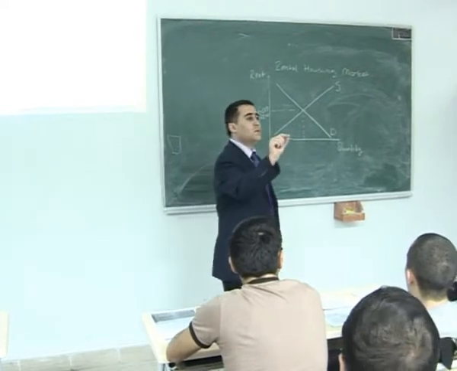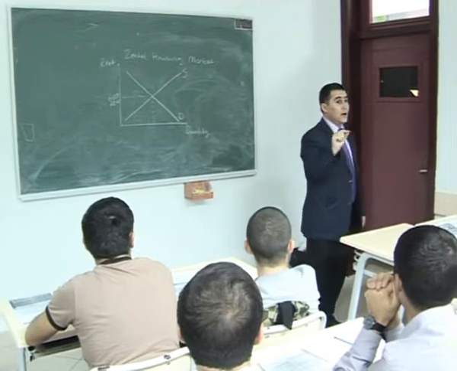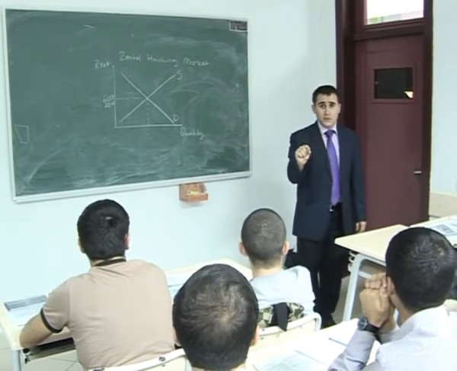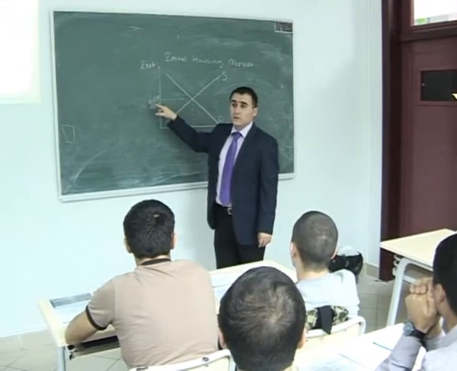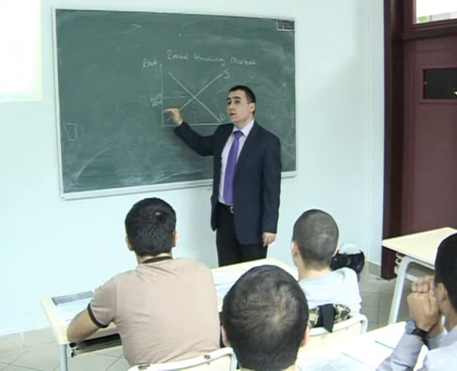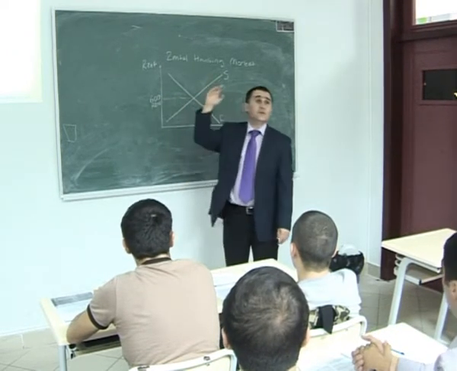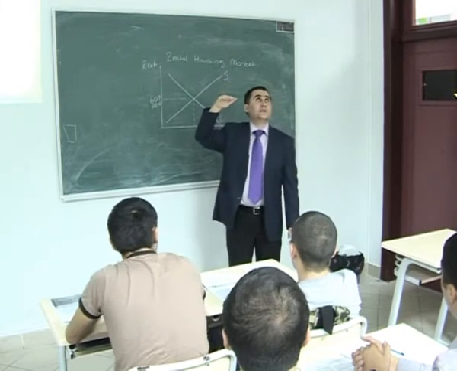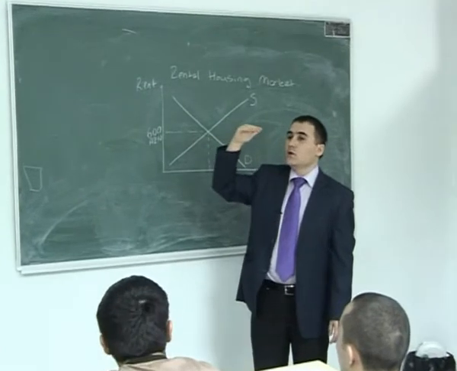Then government regulation sets in. Government says that this number is very high, it's unfair, so it should be less than that. A ceiling means that you cannot go beyond it.